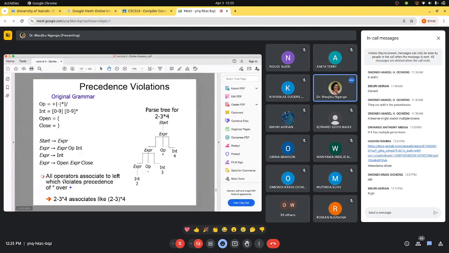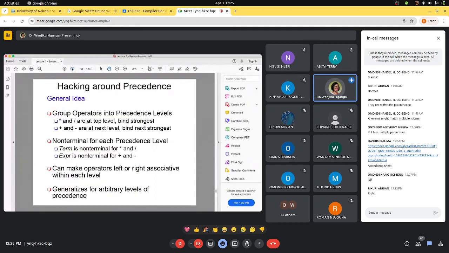So all operators here are associating to the left, which violates the precedence between division and times with minus and addition. So this allows us to have 2 minus 3 times 4 associating as if we must first do the minus, then we do the times. So we want to hack this, and now we're giving you the tips.